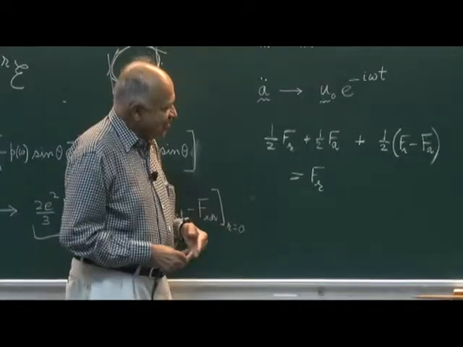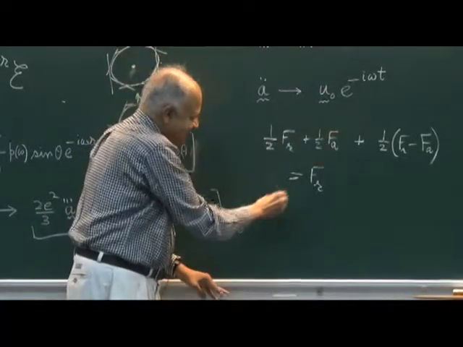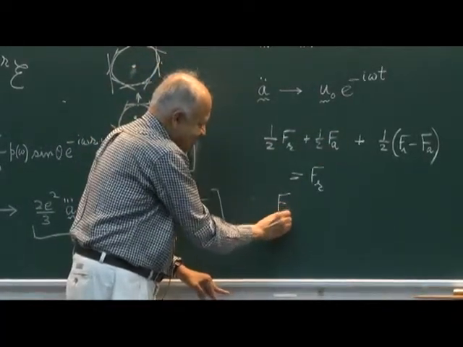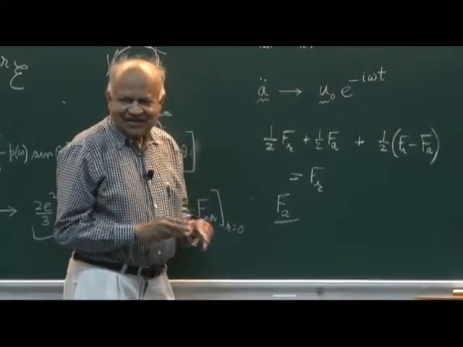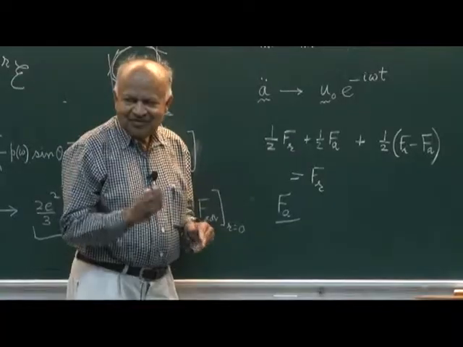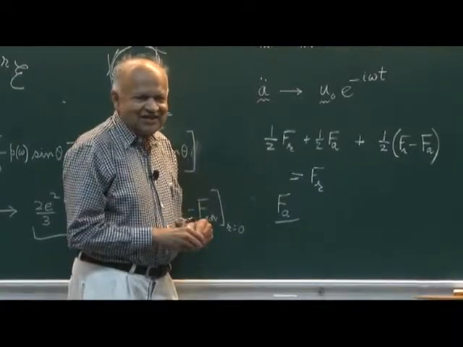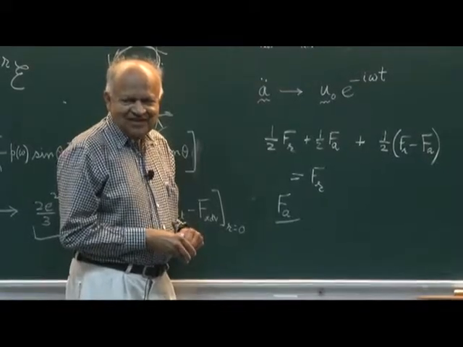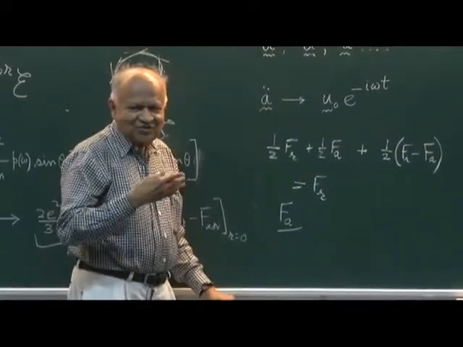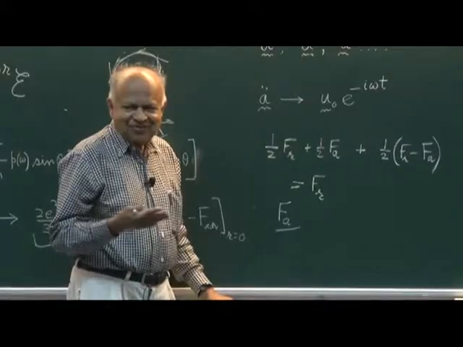So, when you do this, the answer will be f advanced. So, you are now saying both solutions are possible, retarded and advanced, and again the question is why, how do we choose?